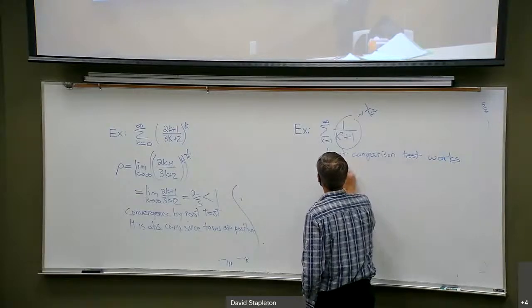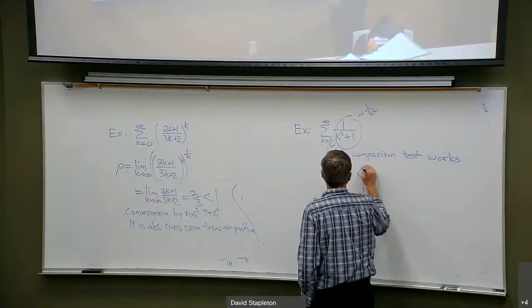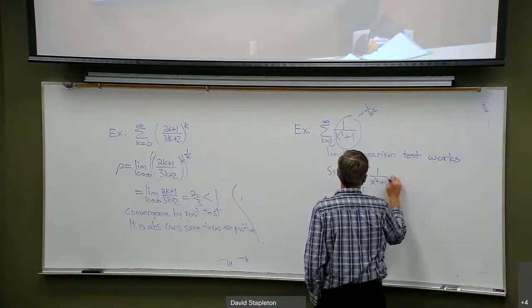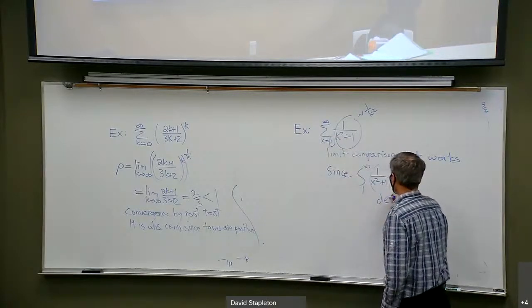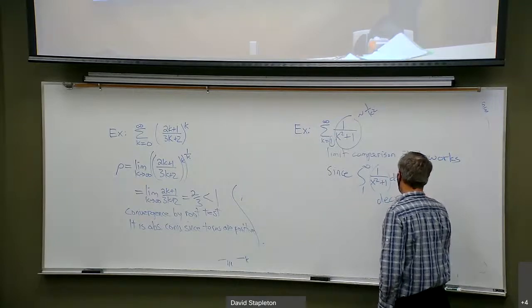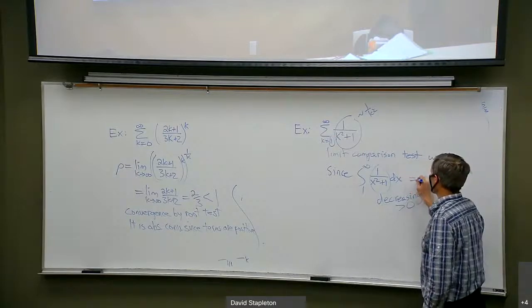The integral from this value to infinity of the corresponding continuous function, 1 over x squared plus 1, which is a decreasing, positive function. We can evaluate this as the arctangent.